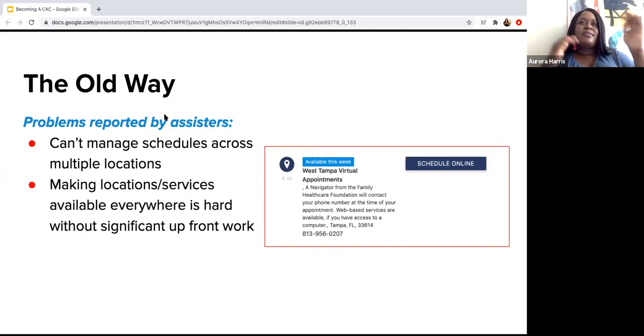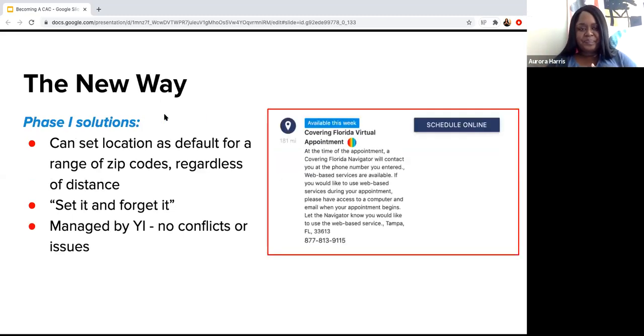So we're not necessarily doing it by zip code, but if you offer online appointments, which as a CAC you can definitely do, we can put you on there and schedule an appointment online and walk through the application with you by phone, or through Zoom or Skype, whatever, you can do it that way too. And we can definitely put you on the connector tool as well.